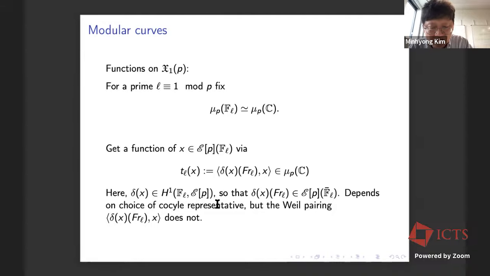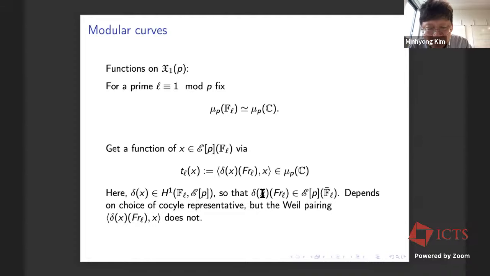The pairing is just a well-known duality pairing between H¹ and H⁰ over a finite field. That is, I can take this H¹ class, choose a cocycle representative, which will be a map from the Galois group to E[p], and just evaluate it on the Frobenius element. That gives an element in E[p], and I take the Weil pairing between that and x.